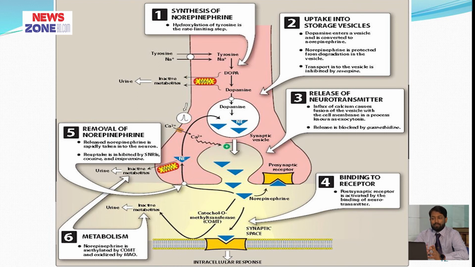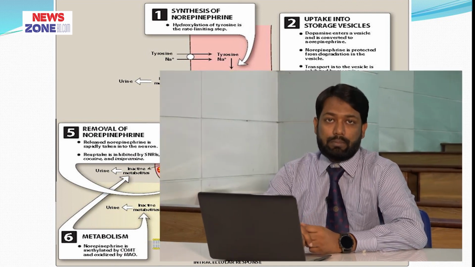Please go through this figure and study it in detail. There are numbered steps showing how these drugs are synthesized and what their fates are. And in the next class we shall discuss the pharmacological effects of sympathomimetic drugs on different systems.